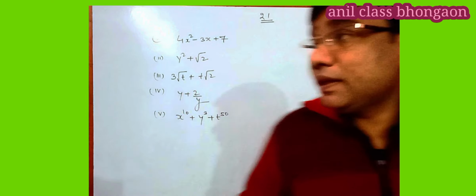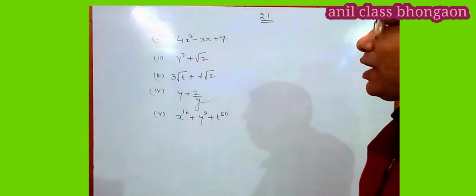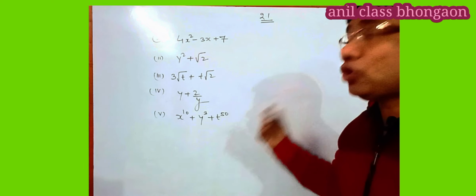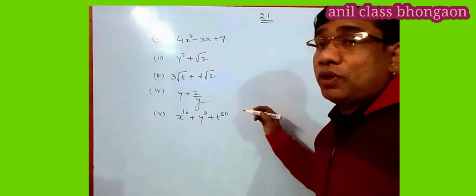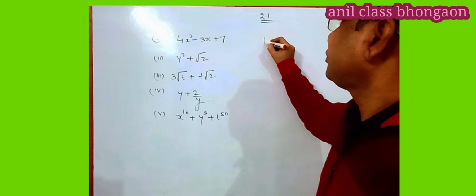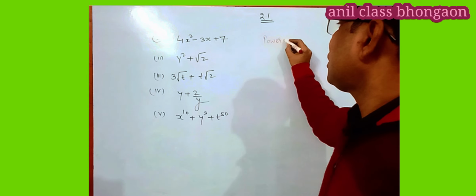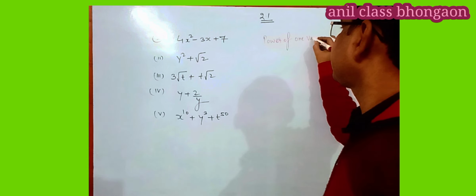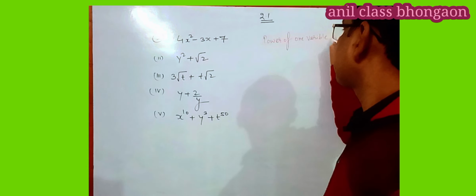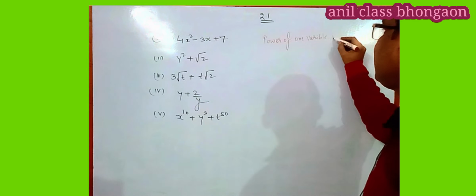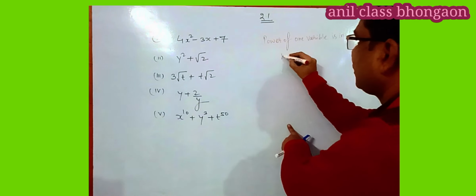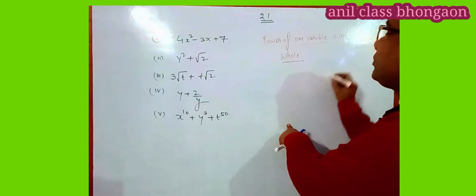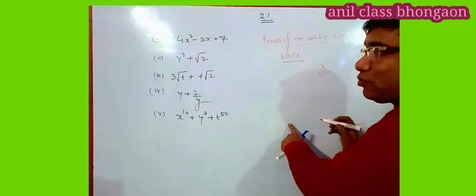Now, in this question, you identify which is a one variable polynomial and which is not. Suppose you know that the power of one variable is a whole number, and one variable means only the x value is involved.